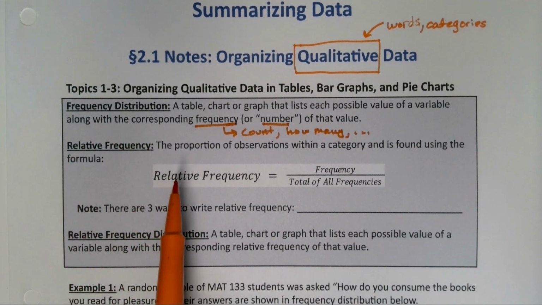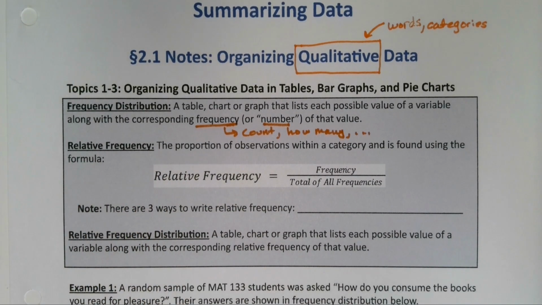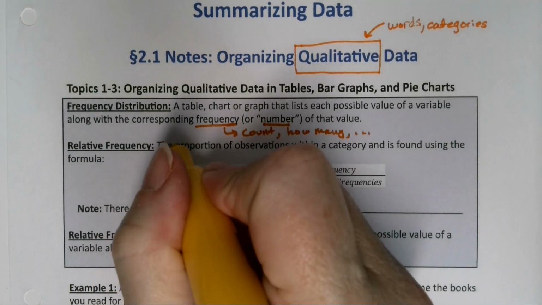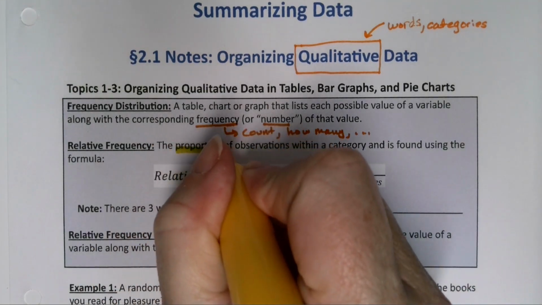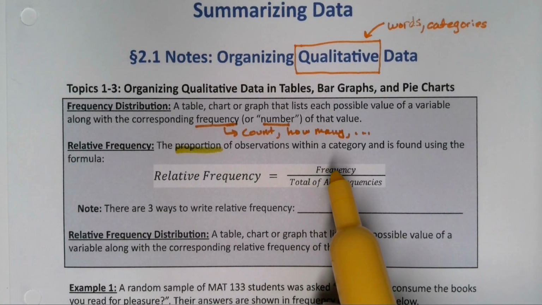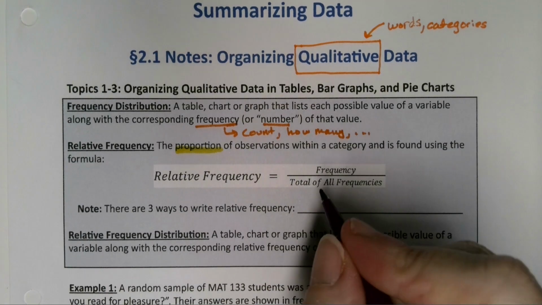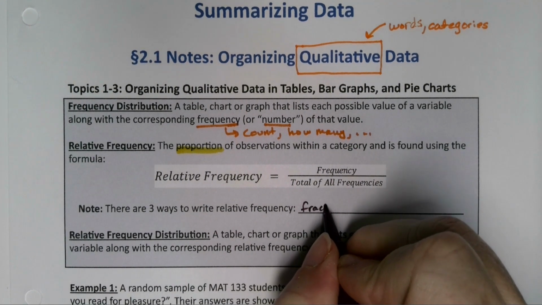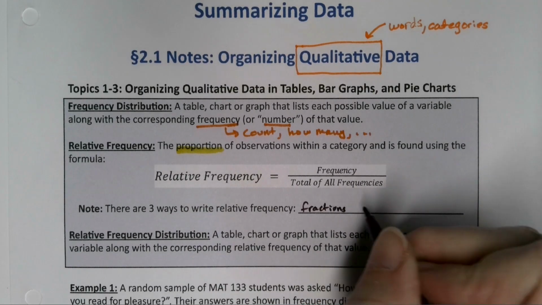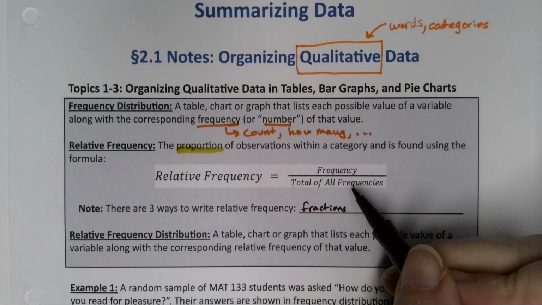Now, relative frequency is the proportion of observations that occur within a category. Now, proportions are when you take the number that's in the category and you divide by the total. That creates a proportion. Now, proportions can be written several ways that are useful for us. We can write them as fractions, very similar to what you see right here, where you take the number and divide it by the total.